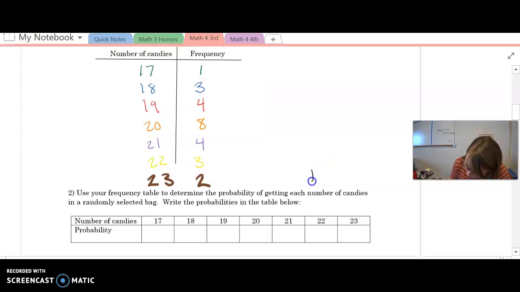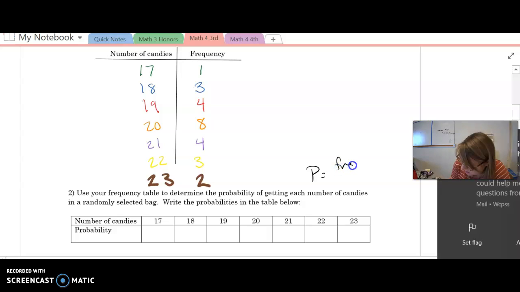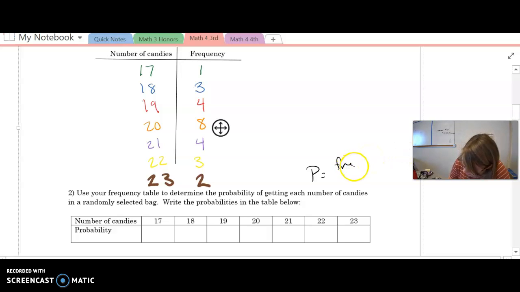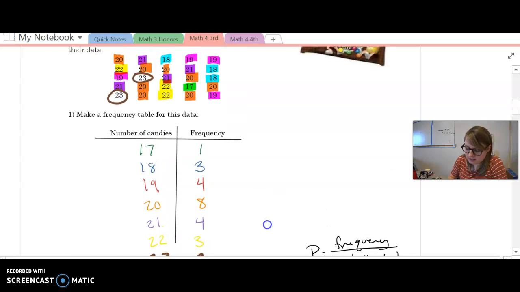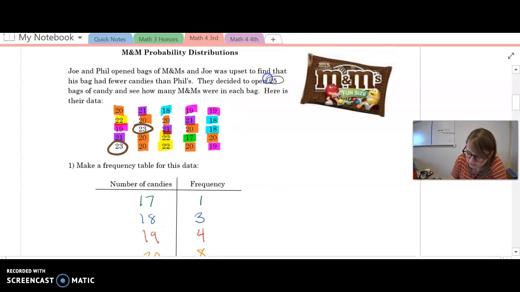So our probability is found with the frequency over the total number of bags. So our total number, as it said earlier, was 25.